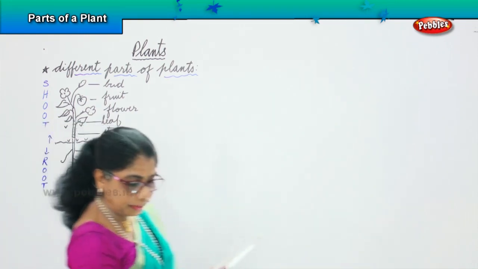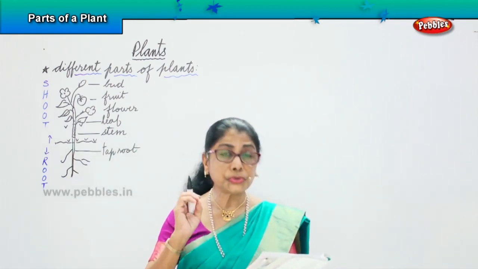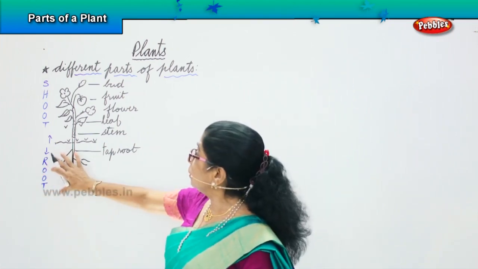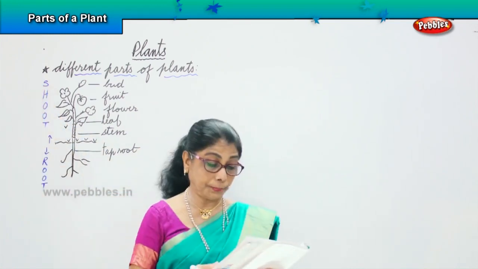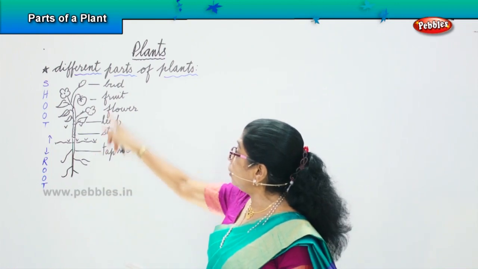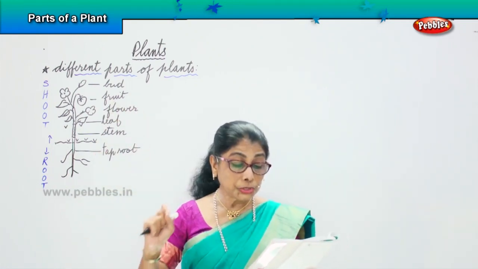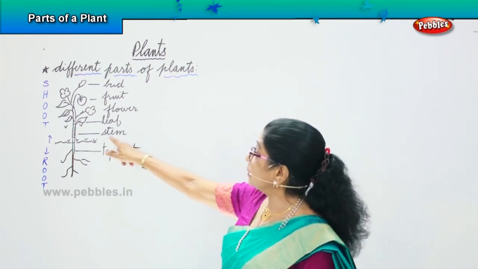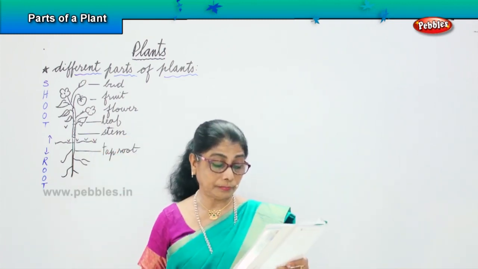Then we have other detailed parts. A plant has two main parts: one, root, two, shoot. The part of the plant which grows above the soil is called the shoot. Shoot system has branches, stem, leaf, flower, fruit, buds.